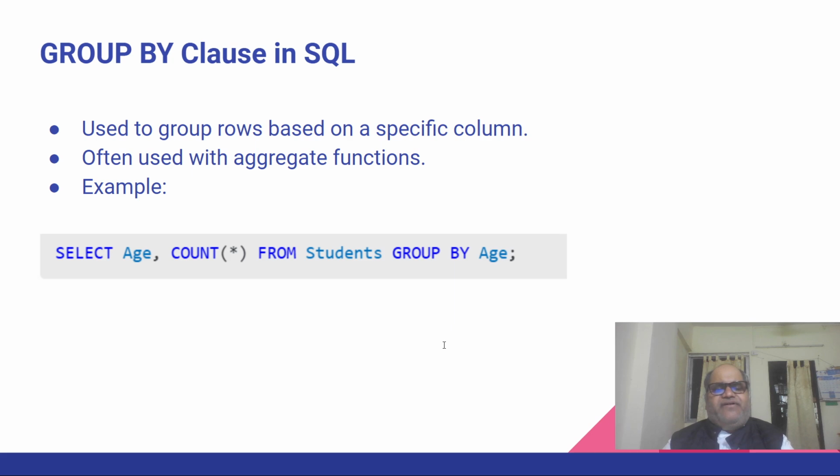The example groups students by age and counts them. So you group students by age and then we count it. What will you get here? Say if you had 5 of age 18, 10 of age 20, right? So you'll get those counts.